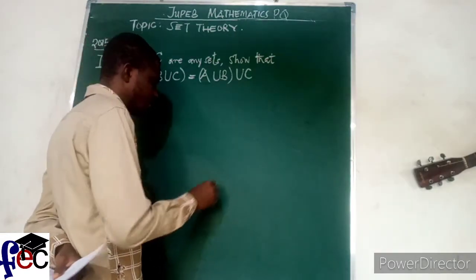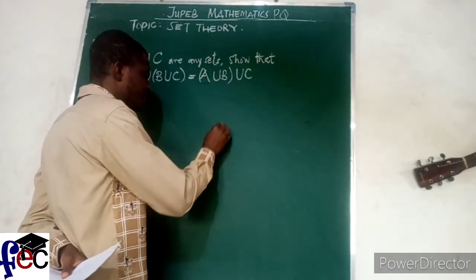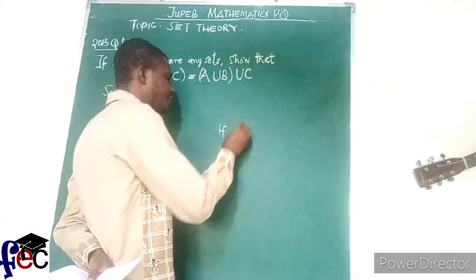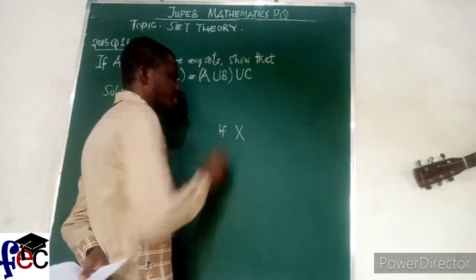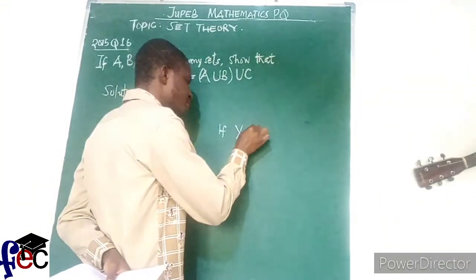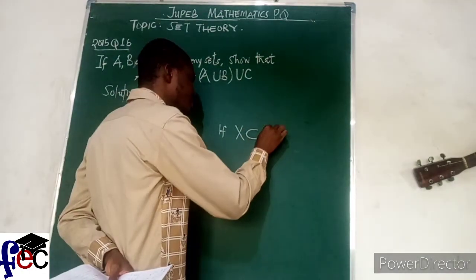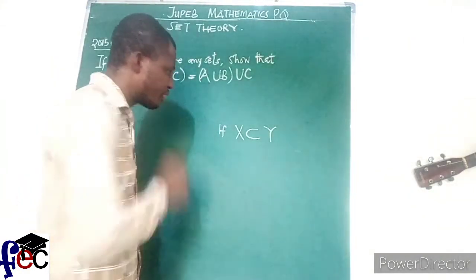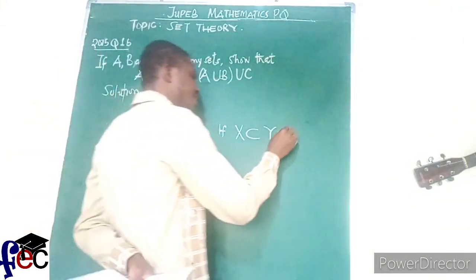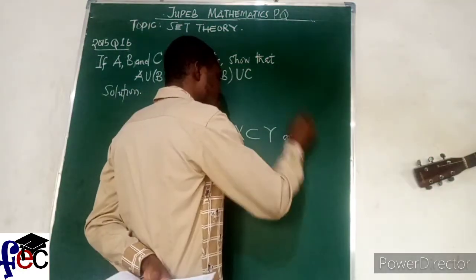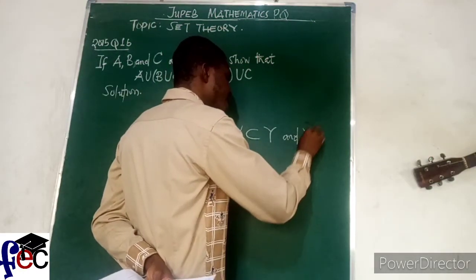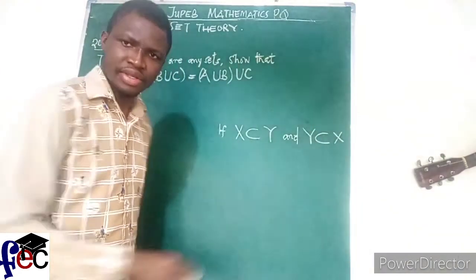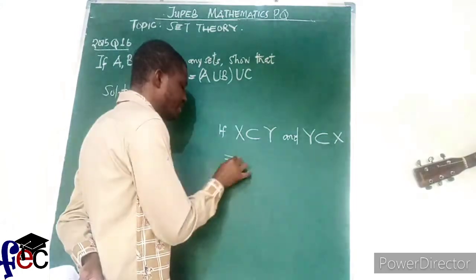I want you to recall that if set X is a subset of set Y, and set Y is a subset of set X, what can we infer from here?